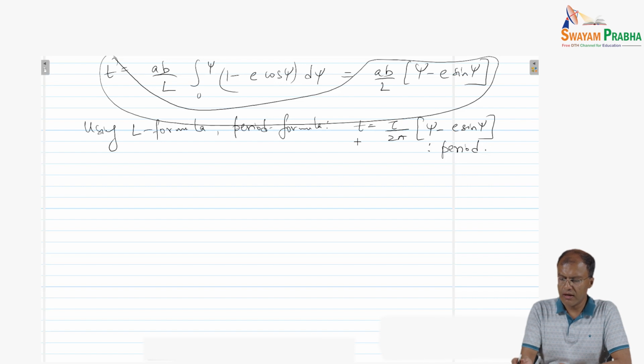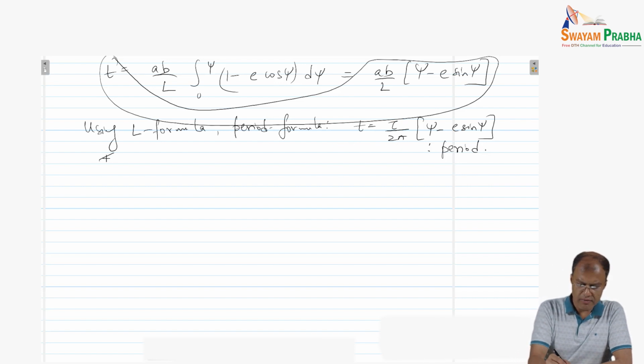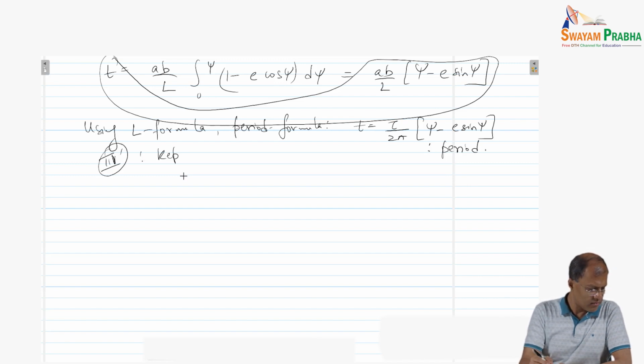Okay, so I have written my time of traverse in the form of the period, and this is Kepler's equation for time as a function of position. So let me call this 3 prime.